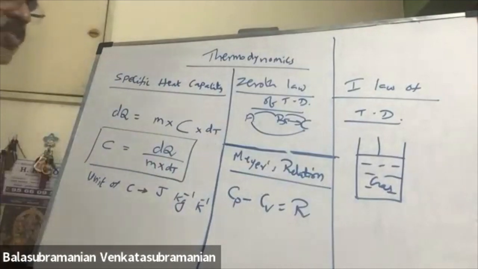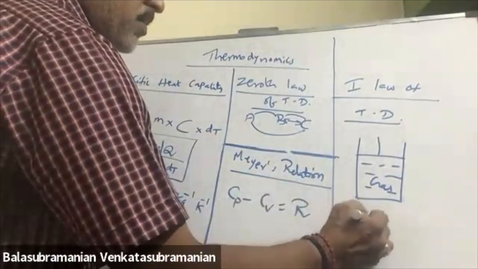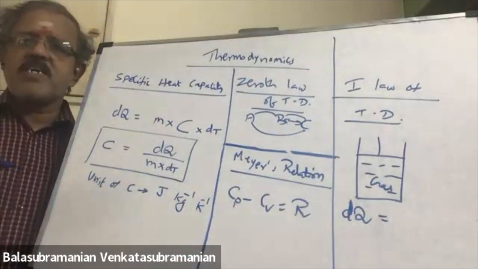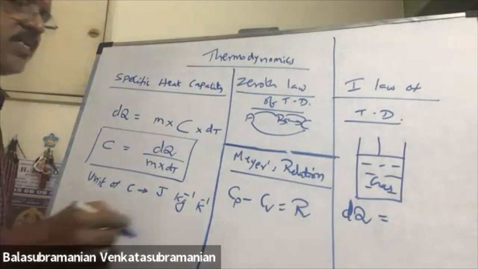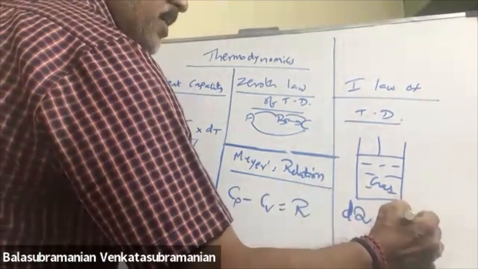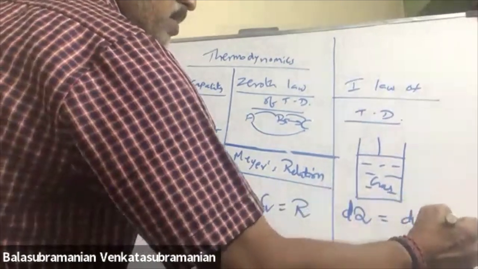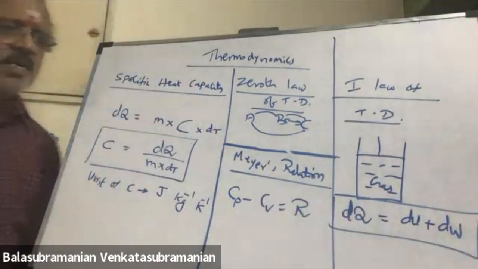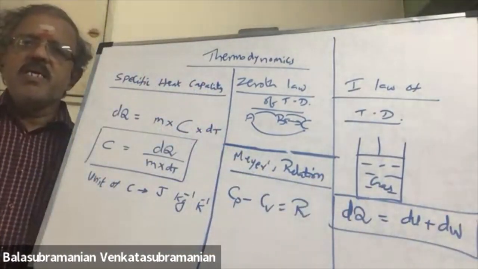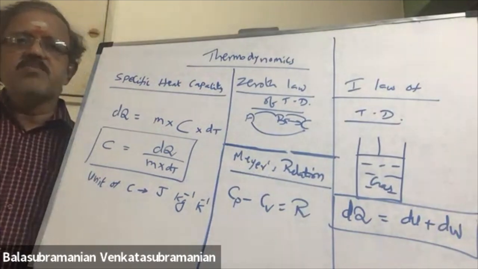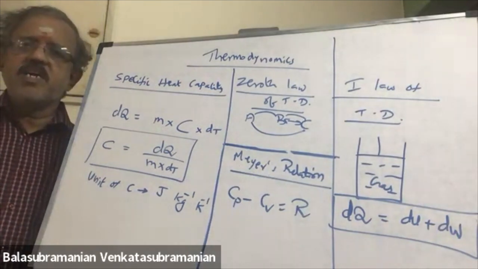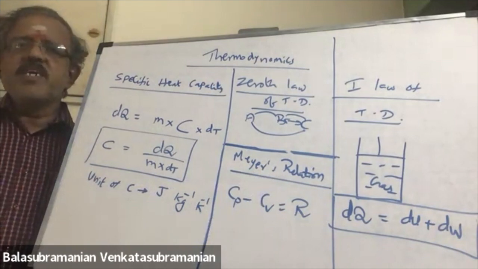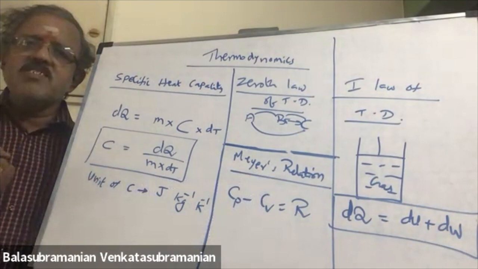So the energy that you are giving is dq. That is the sum of two factors. One is change in internal energy of the system. Another is work done by the system. dq is equal to du plus dw. du is change in internal energy.